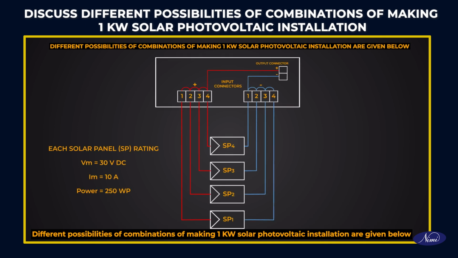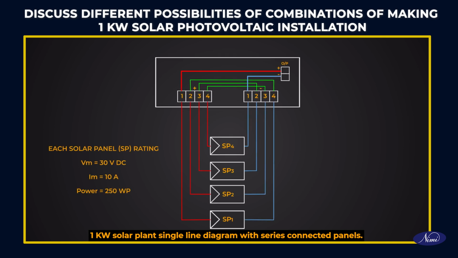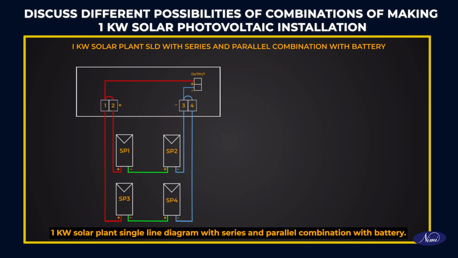Different possibilities of combinations of making a 1 kilowatt solar photovoltaic installation are given below. 1 kilowatt solar plant single line diagram with parallel connected panels. 1 kilowatt solar plant single line diagram with series connected panels. 1 kilowatt solar plant single line diagram with series and parallel combination with battery.